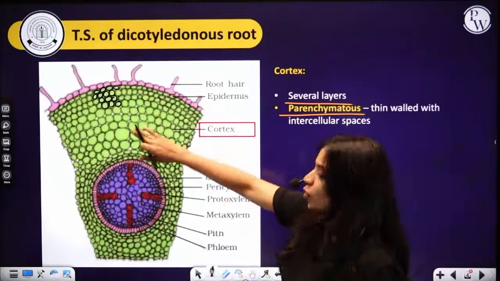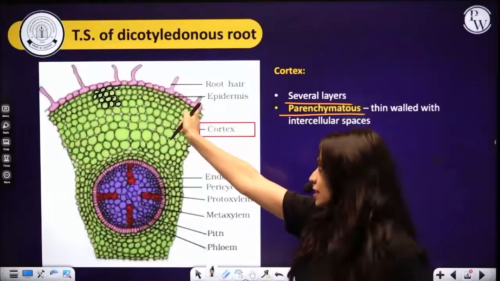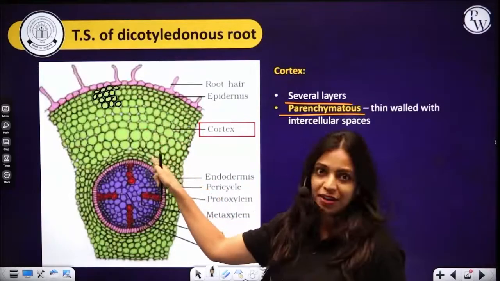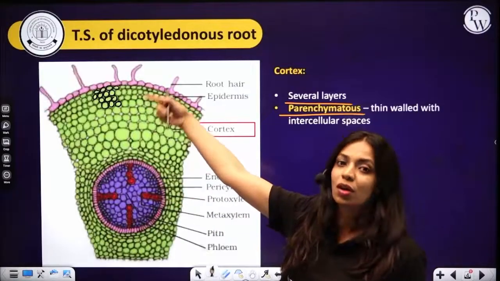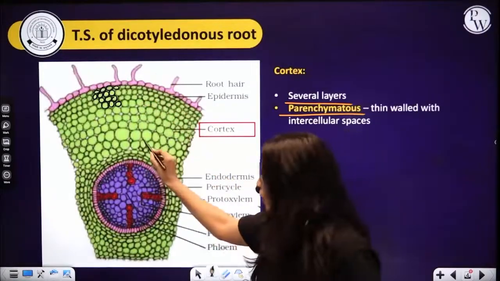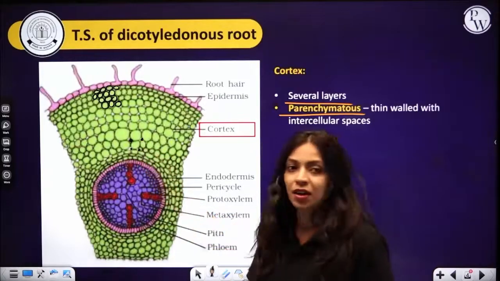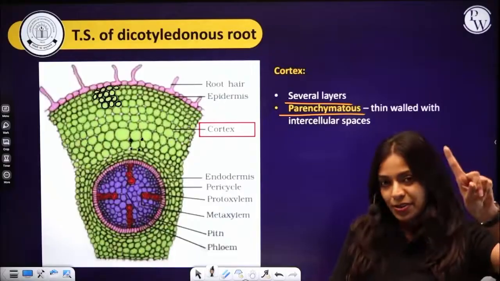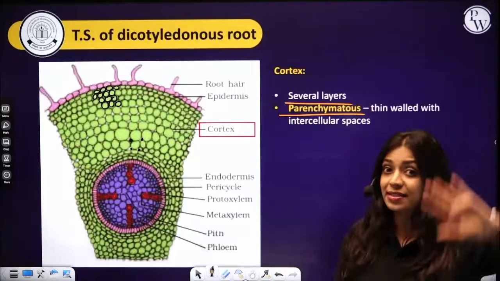Though epidermis and cortex are both parenchymatous, you can see how their shape varies. These are more barrel-shaped and these are more spherical in shape. Another difference is, in the epidermis, you don't come across a lot of intercellular spaces, whereas in the cortex, you can see the presence of intercellular spaces. Okay, so epidermis is parenchymatous, single-layered. Cortex is parenchymatous, but it has several layers.